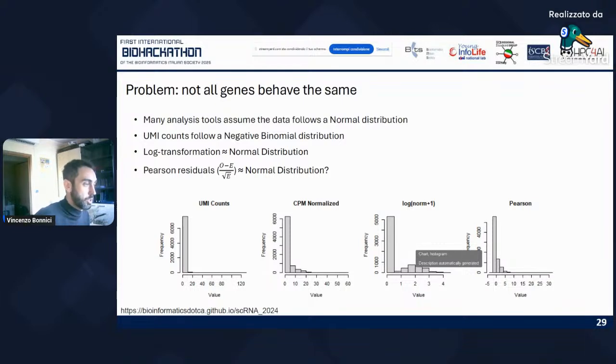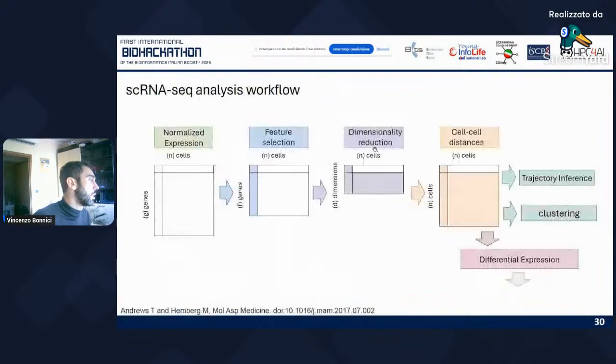It should be a normal distribution, but especially for single-cell RNA data analysis, for many reasons, the raw UMI counts are not normally distributed, and you need a way to make them normally distributed, and you can find some additional information about this in the tutorial.